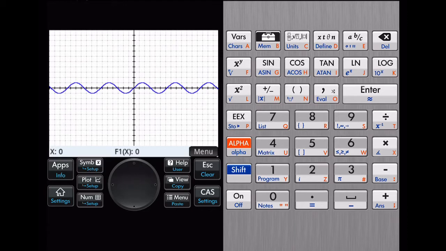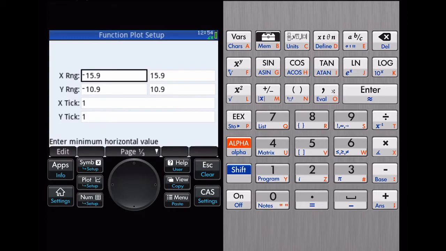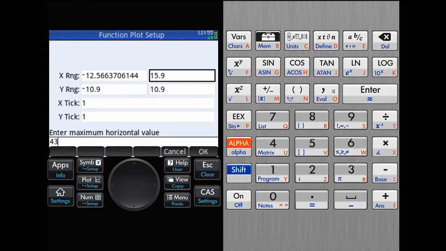Now, if you look at the worksheet, we want to match the scaling of the worksheet. To do that, hit Shift, Plot, and right here is the table for how you control what the calculator is looking at. For our table, we're going to make the x range negative 4 pi to positive 4 pi.